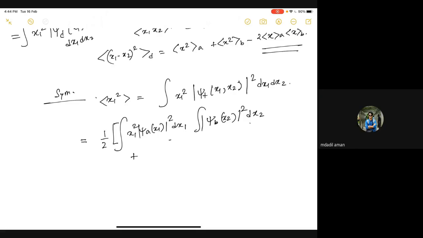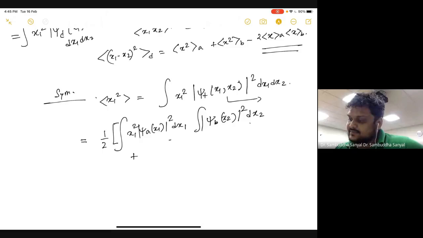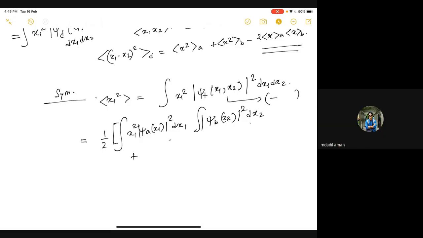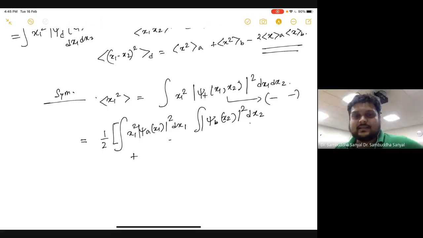And then similarly, x1 square times this guy, which contains 2 terms, right? So when you square it, there will be 4 terms, because it is like a plus b and a star plus b star, a plus b, right? So there will be 4 types of cross terms.